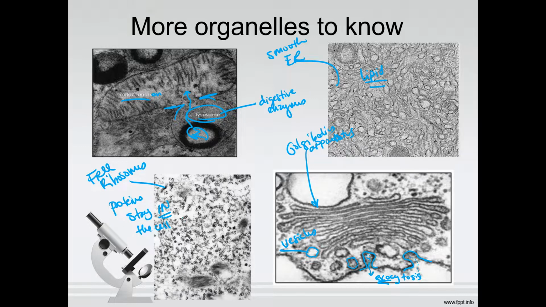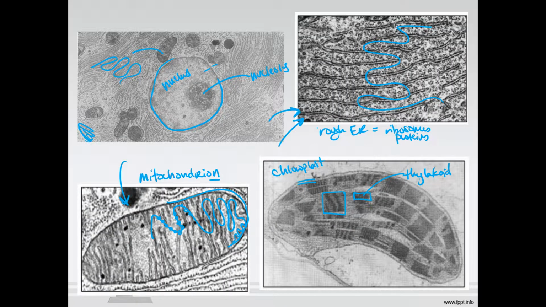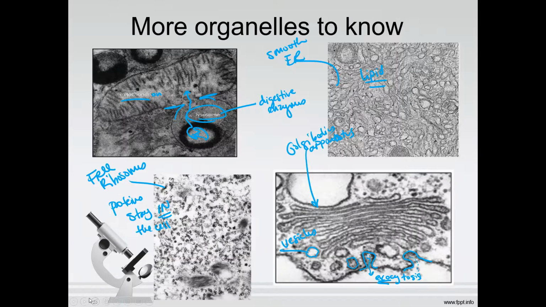So if this cell needs to make some more DNA polymerase so that it can do DNA replication, free ribosomes are going to make those proteins. If the cell is making some insulin that needs to be released out of the cell, then the bound ribosomes that are stuck to the rough ER will do that job. So you've got free ribosomes and bound ribosomes.